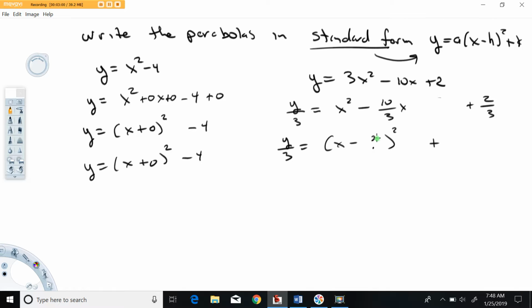The something, you look right here. This something is always half of this value. Half of 10 thirds is 10 over 6. Remember that when you FOIL this, the very last product is going to be 10 over 6 times 10 over 6, which is 100 over 36.